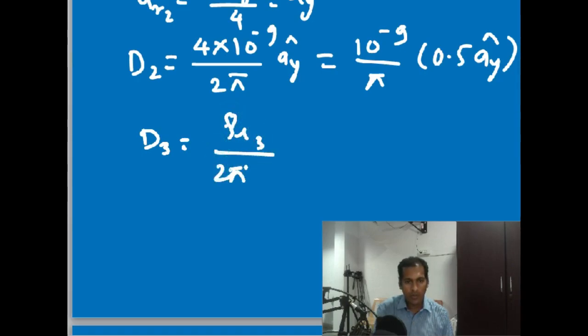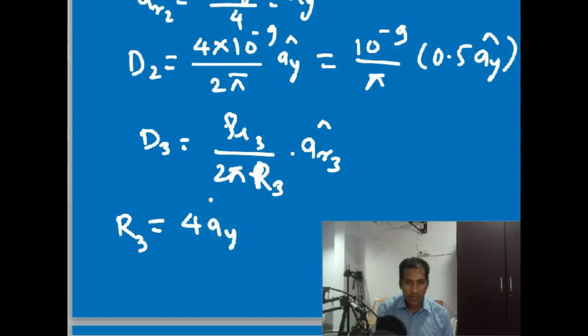Similarly, we can find out d3. d3 will be equal to rho L3 divided by 2 pi R3 into AR3 cap. Okay. So R3 will be equal to destination minus source.